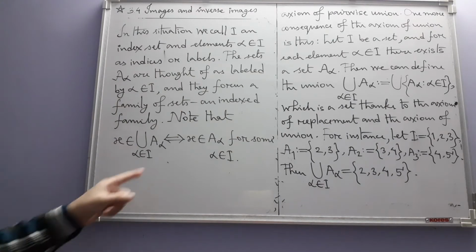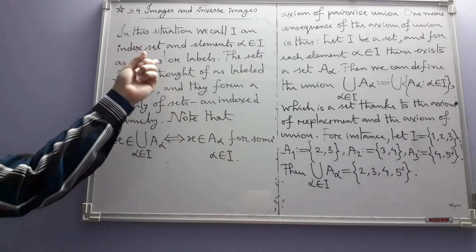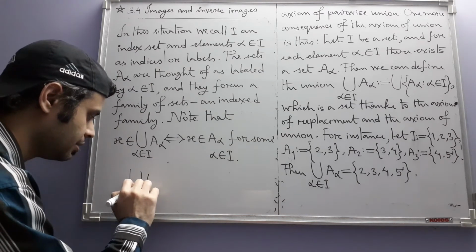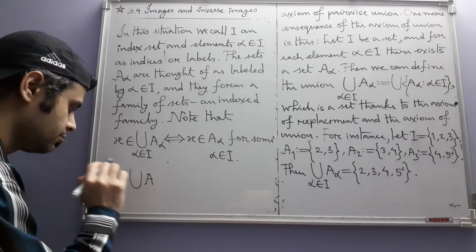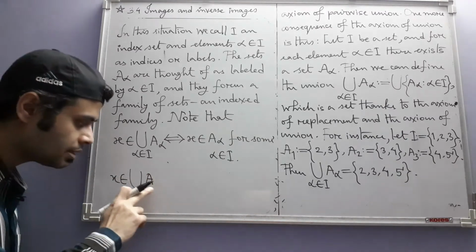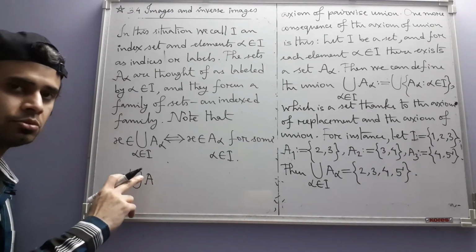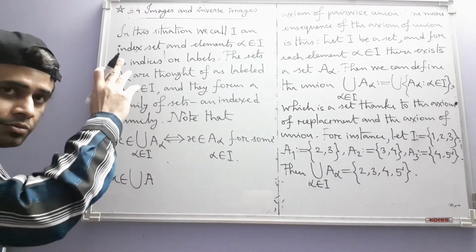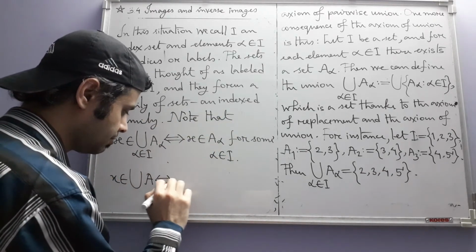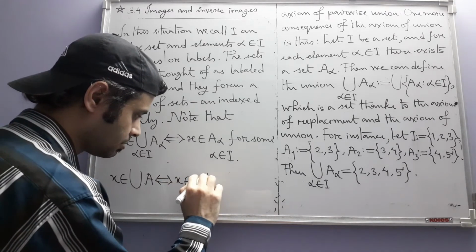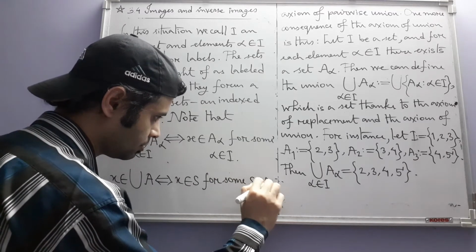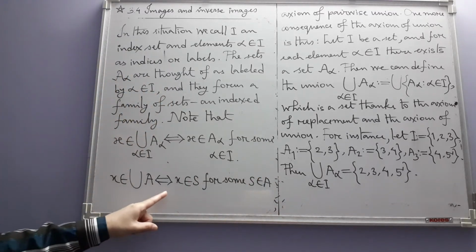You compare this condition with the similar one that we previously had for this one. Okay, let me just write it here. X belongs to union of A, where you should keep in mind that this A is the collection whose elements are sets, in the context of that axiom of union, if and only if X belongs to S for some S belonging to A. These two situations are not very different.